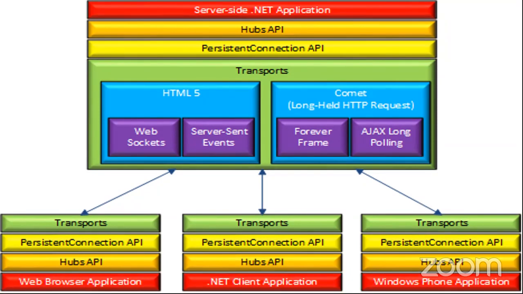Transportation happens by using WebSockets and AJAX HTML long polling. It transports and makes it understandable to any application. So the point here is why we have to discuss SignalR.